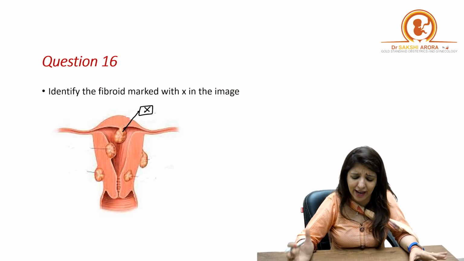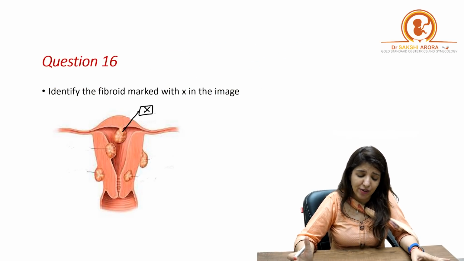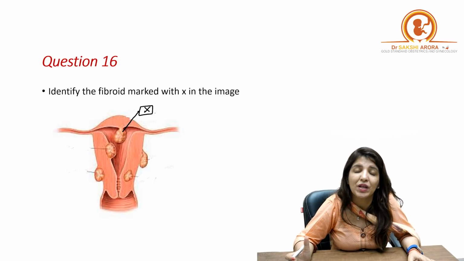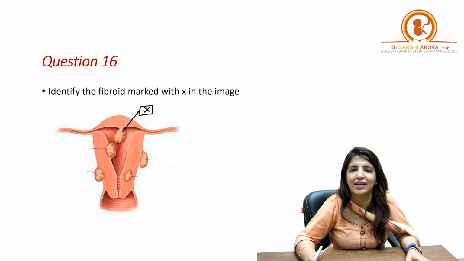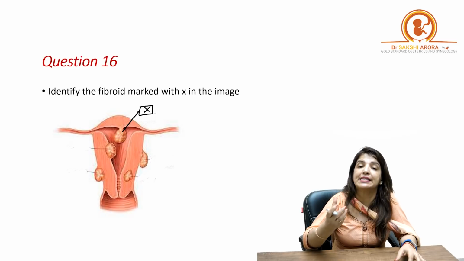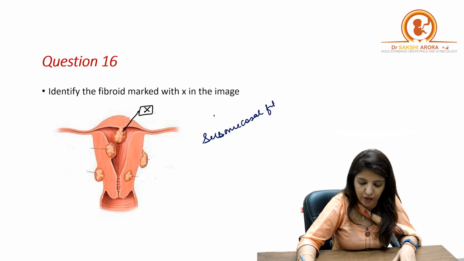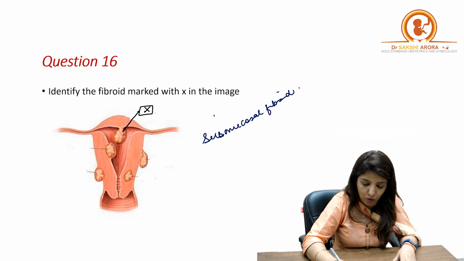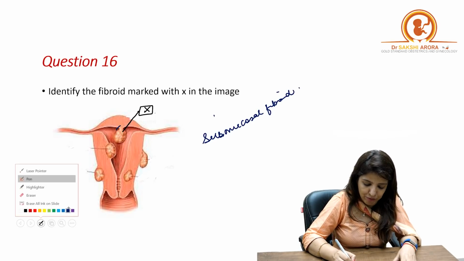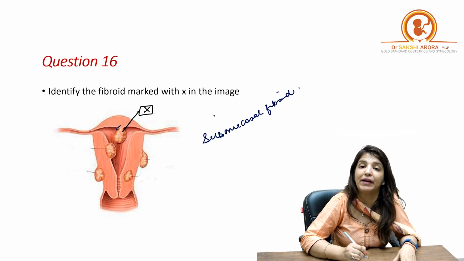Question number 16, again a single liner question. Identify the fibroid marked with X. Now what you are seeing over here is that there is a fibroid which is coming inside the cavity, and a fibroid which comes inside the cavity is a submucosal fibroid. Now submucosal fibroid, the answer is right, but over here what am I seeing? That this submucosal fibroid has a peduncle, right?